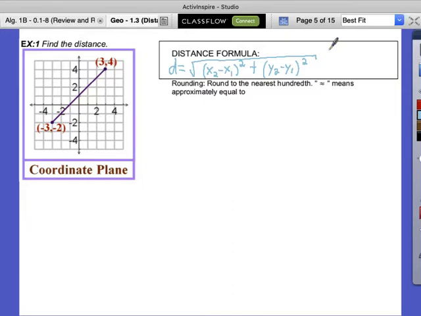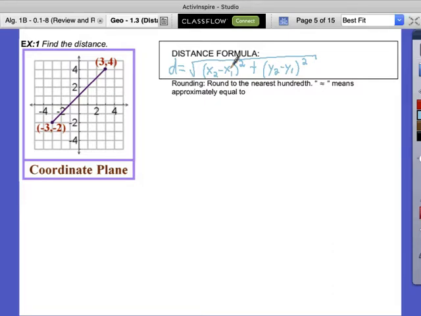Good, good. D is equal to the square root of x2 minus x1 squared plus y2 minus y1 squared. Now, let me break this down for you guys a bit and see if maybe it makes a little more sense this way. x2 minus x1. So between 2 points, you subtract the x values.